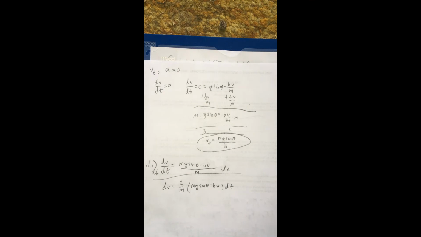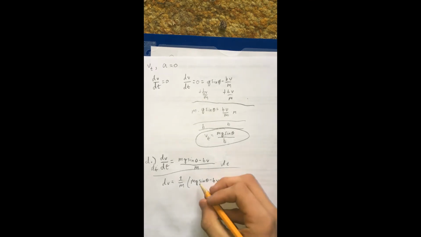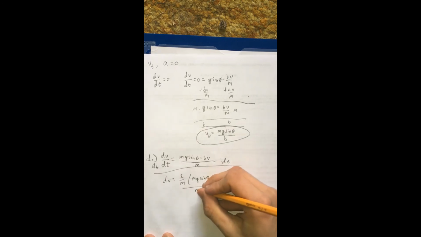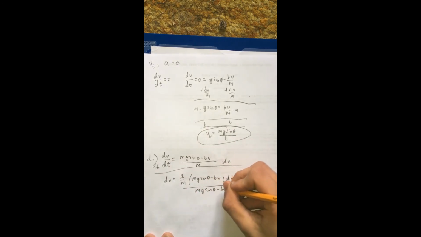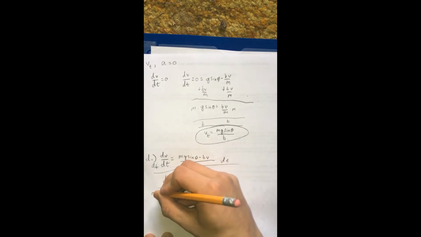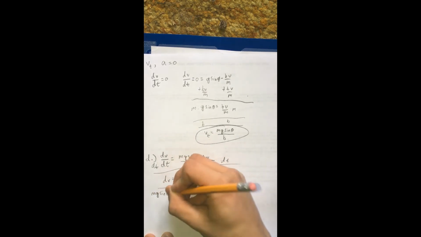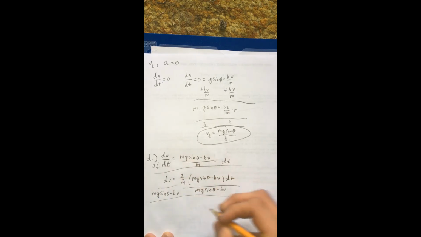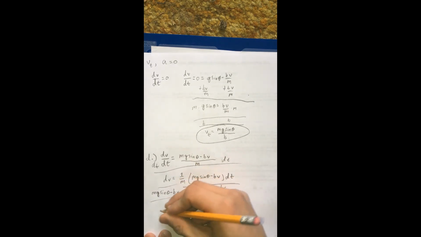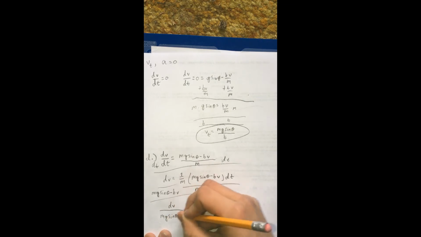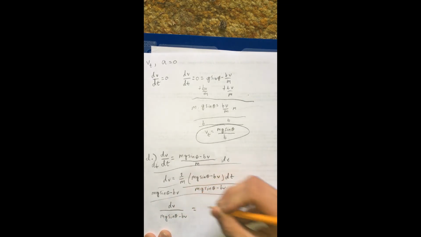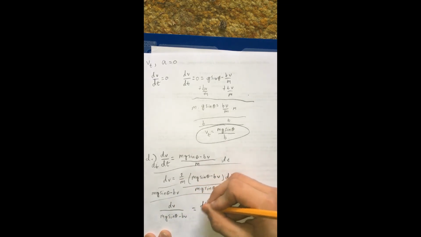So what we want to do is get the v and the dv on the same side. How I'm going to do that is by dividing each side by mg sine theta minus bv. And what that's going to give us is dv over mg sine theta minus bv is equal to dt over m.